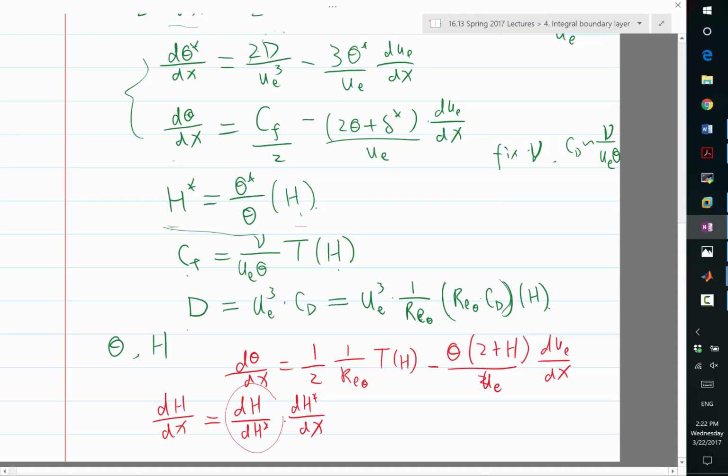And this can be computed also from the Falkner-Skan family of solutions. And then dH star dx can be modeled as, because H star is equal to theta star over theta, 1 over theta times d theta star dx, minus theta star over theta squared d theta dx.